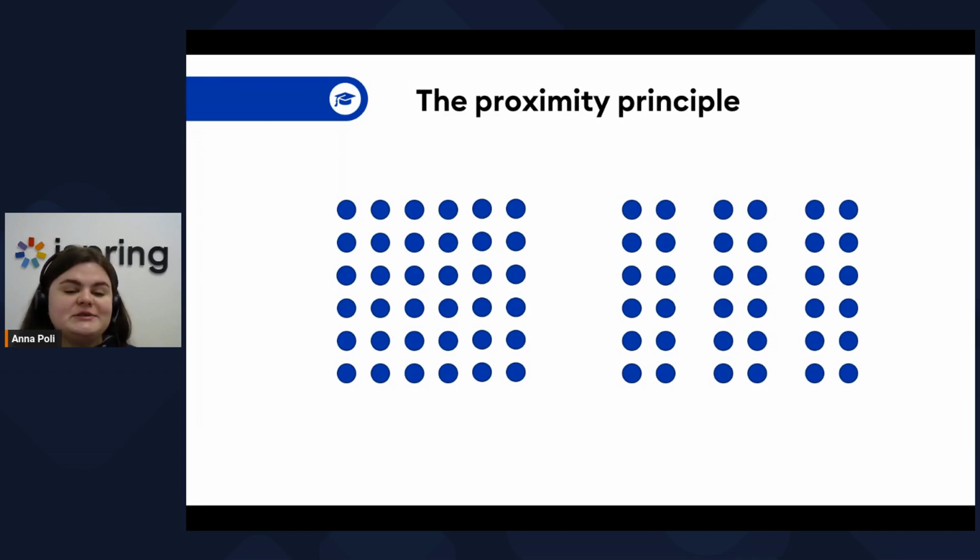In the picture on the right, three groups of objects are already formed because we have increased the distance between them. Consequently, the farther the objects are from each other, the less connection there is between them, and vice versa. The closer the objects are to each other, the more connected they are by meaning.